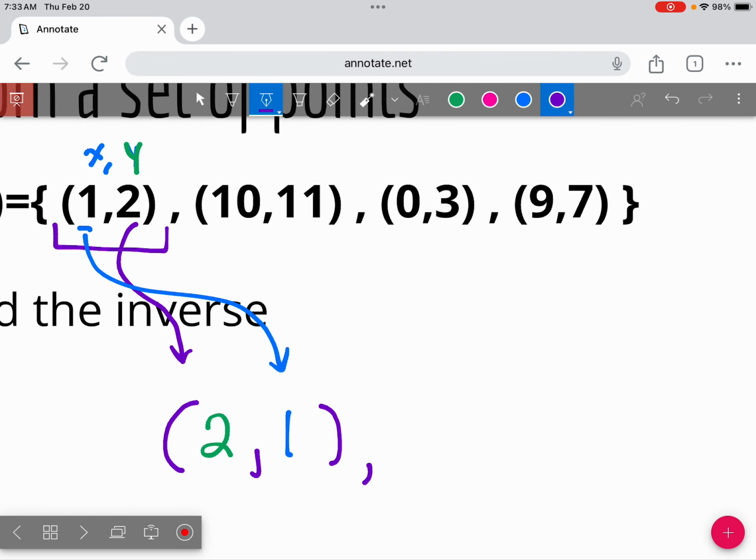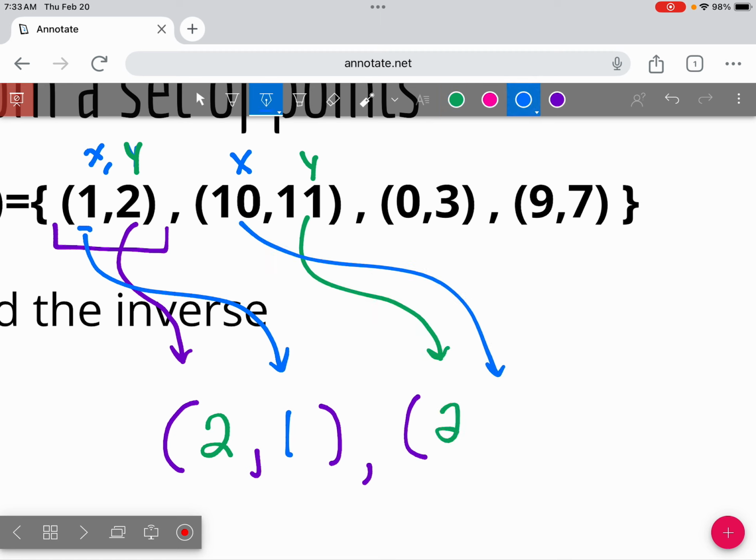Then we do the same thing with the next point. My x is the 10, the y is the 11. So I find my x, I find my y, and they change places. So the y goes in the front, 11. The x goes in the back, 10.